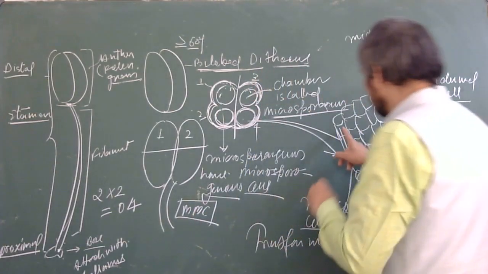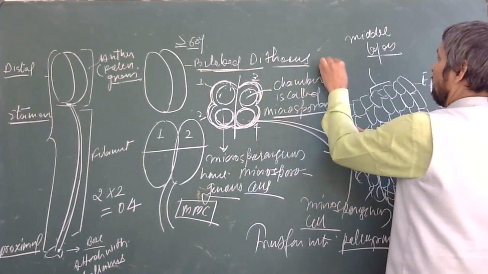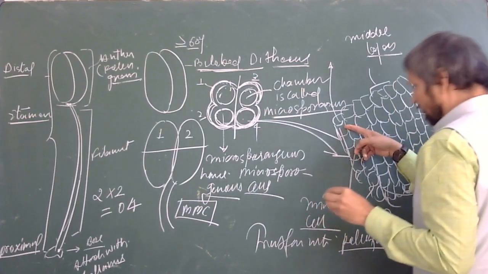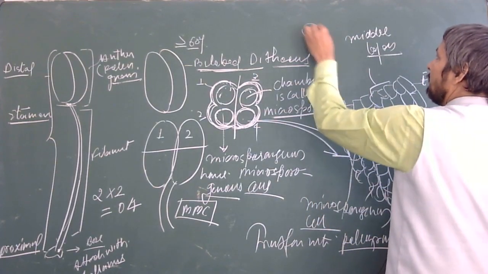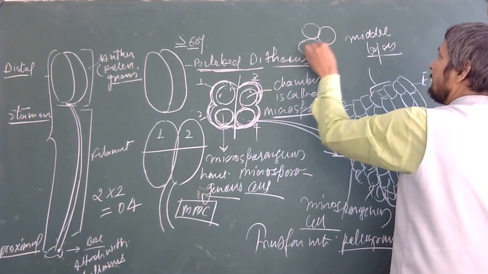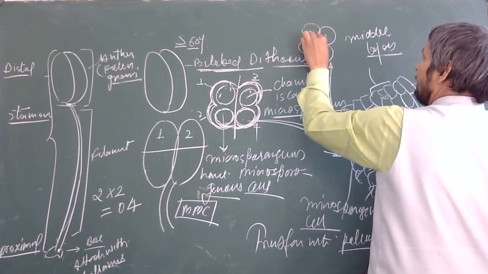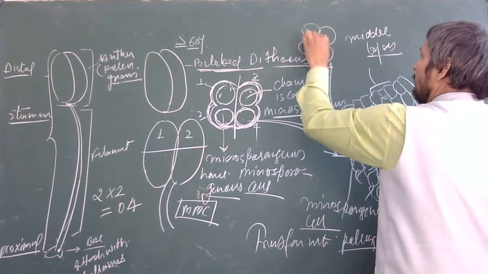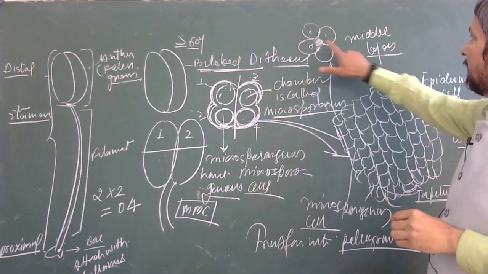So each microsporogenous cell will develop into 4 cells, and these 4 cells remain attached together through a cellulose and pectin plug.